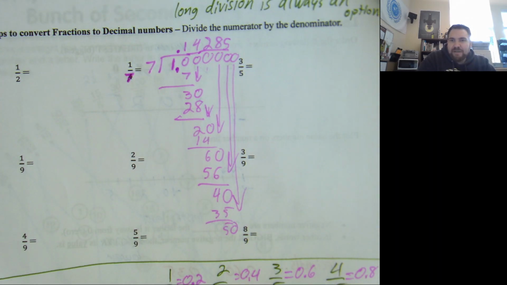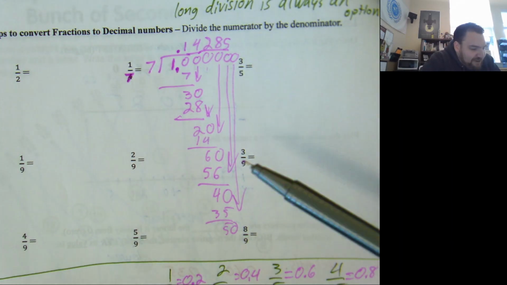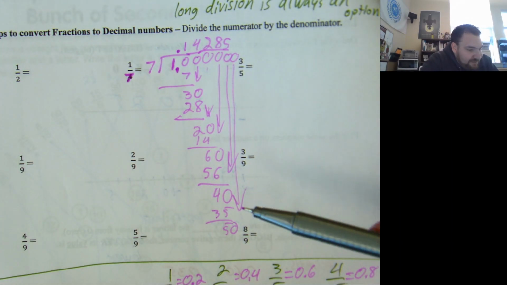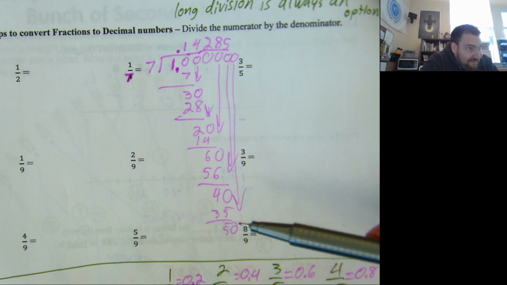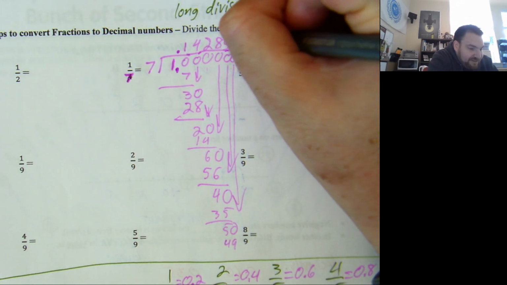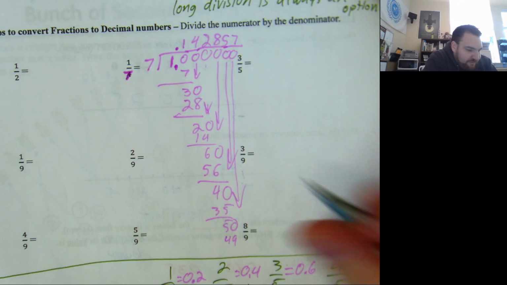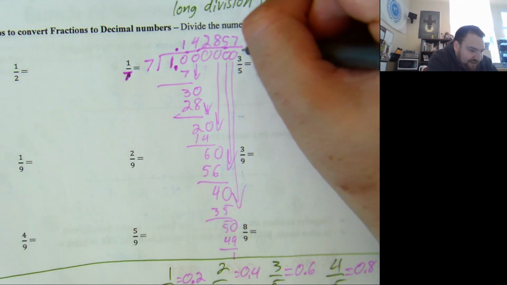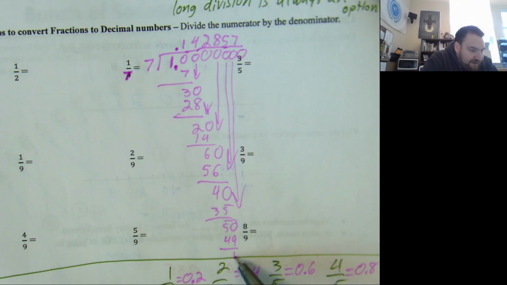I am not going to ask you to memorize your sevenths. Does it ever start repeating? I don't remember. Let's look it up. 1/7. Boom. Oh yeah, we need to go one more digit and then it's going to start repeating. Okay, let's go. How many times does 7 go into 50? It's going to be 49, which means it's 7 times, because 7 times 7 is 49. 1, add a 0, and now we're back to the beginning.